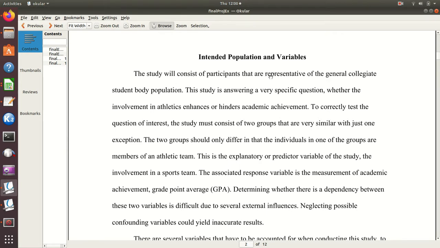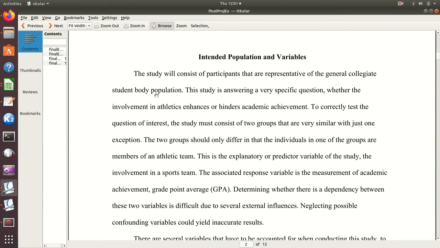Then I would say representative of a general collegiate student body. With Lindsey Wilson, I would say, well, it's representative of probably the word elite would be okay.